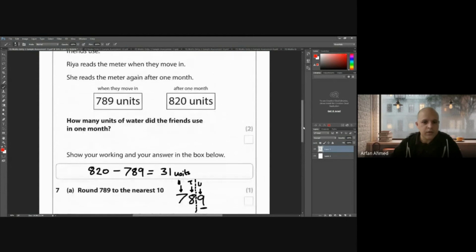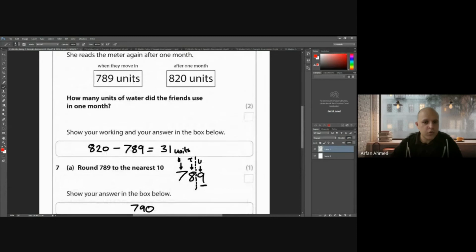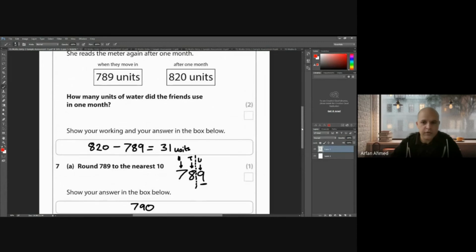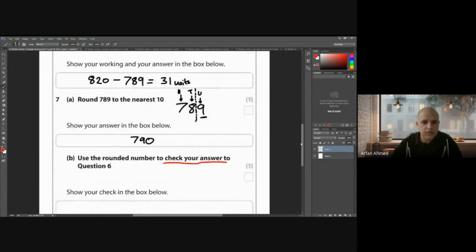We took away these values and got 31 units as our answer. So they want you to use your rounded number, 790, instead of this 789. But we're also going to have to work backwards because it's asking you to show a check of your answer.